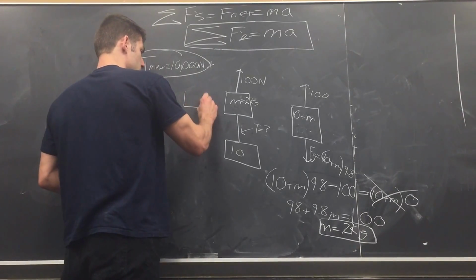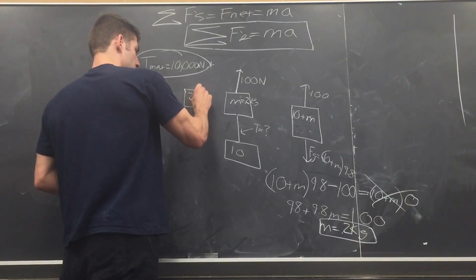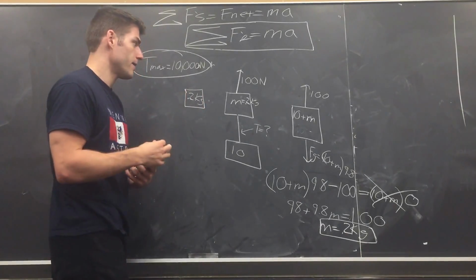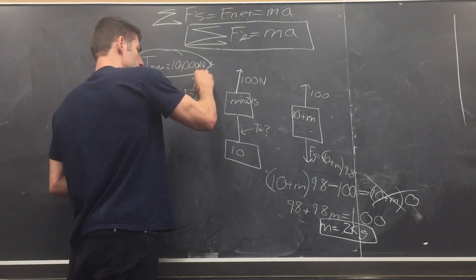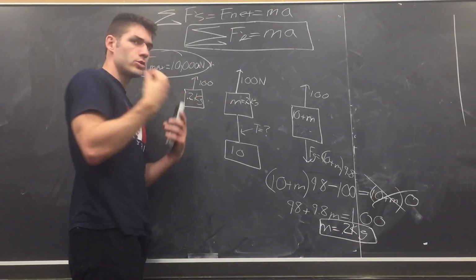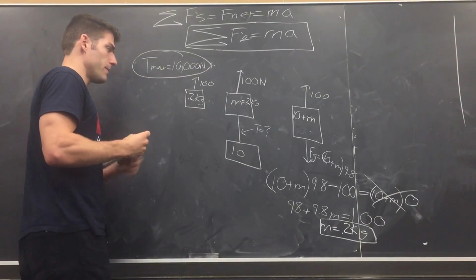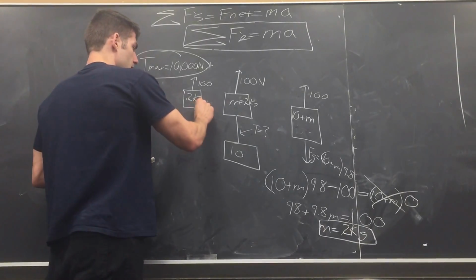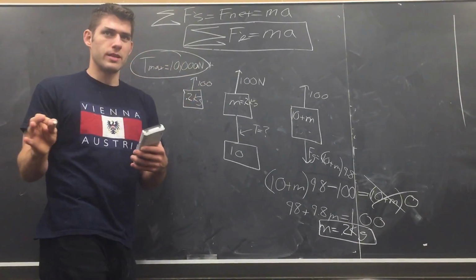So just this 0.2 kilogram box. The force directly applied on it, the 100 newtons, is going directly up. It's touching it. There are two forces pulling this down.